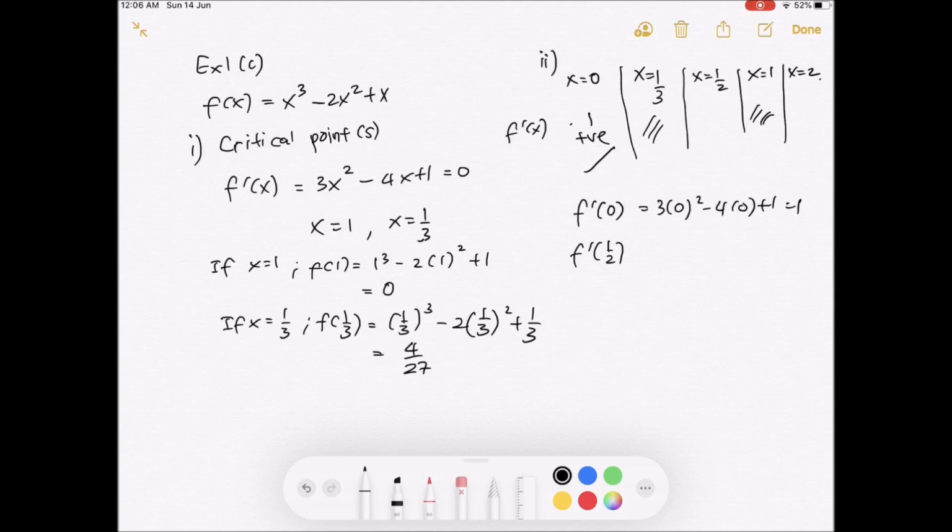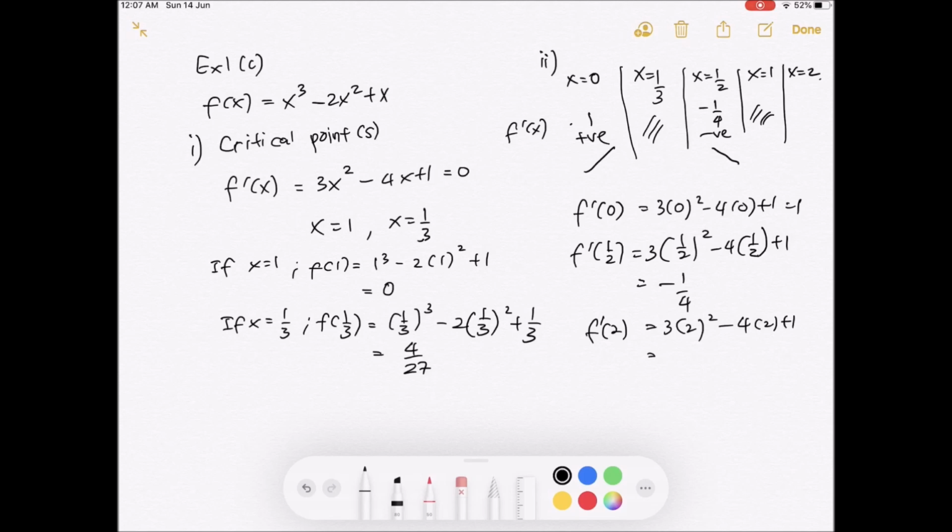If f prime of 1/2, then you have -1/4, and -1/4 is a negative slope, which will be decreasing. And lastly, when x equals 2, we'll have 5, again increasing, a positive slope.